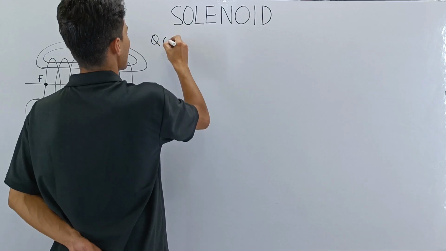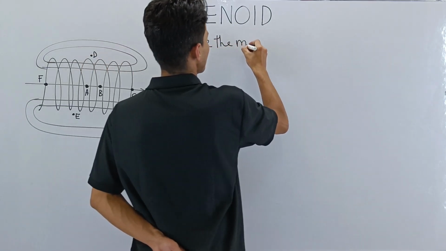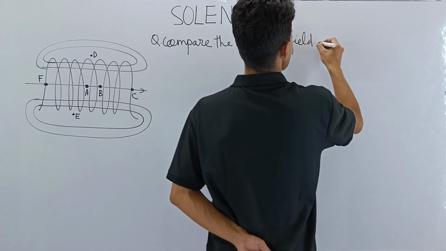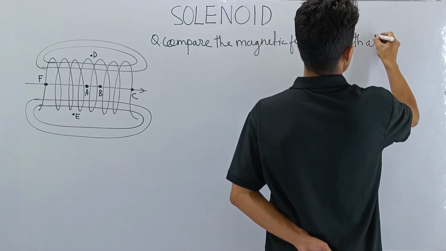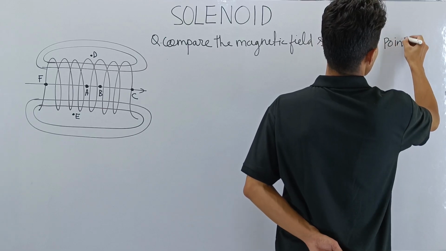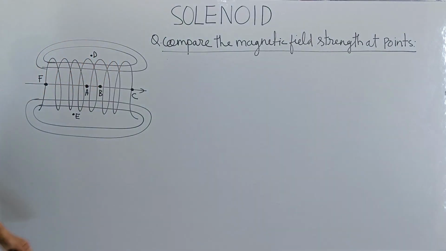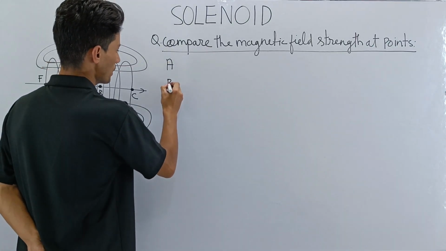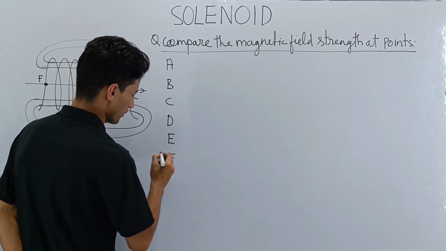The question is: compare the magnetic field strength at these points. So we find the magnetic field strength at point A, then at point B, point C, point D, point E, and finally point F.